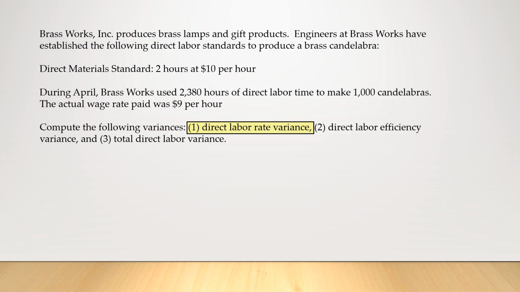Beginning with the direct labor rate variance, this item is analogous to the price variance for materials, just with some different terminology. Instead of comparing the actual to standard materials price, we do so with the pay rate. Then, multiply that difference by the actual hours as opposed to the actual material quantity used.